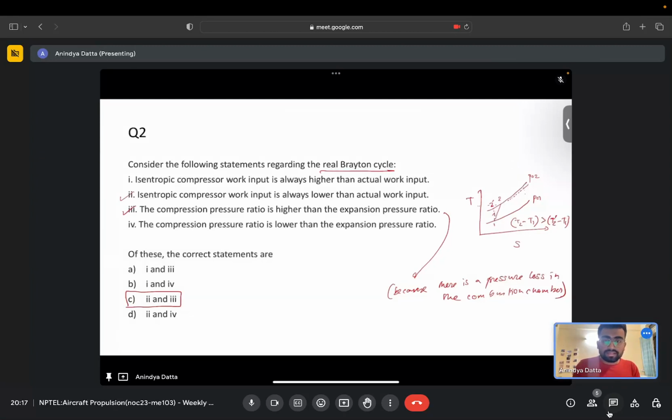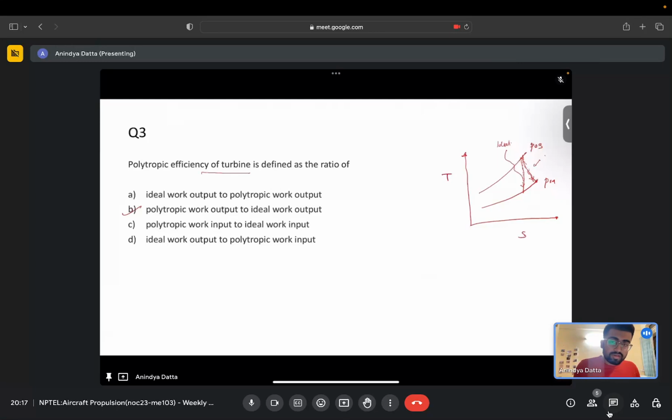Here the correct statement is that the isentropic work input is always lower than the actual work input for a compressor, and for a real cycle the compressor pressure ratio is higher than the expansion pressure ratio. It is because we have a pressure loss in the combustion chamber. The third problem was on the definition of polytropic efficiency.